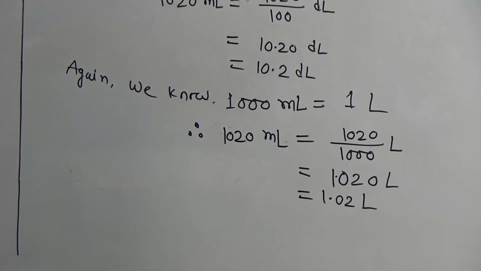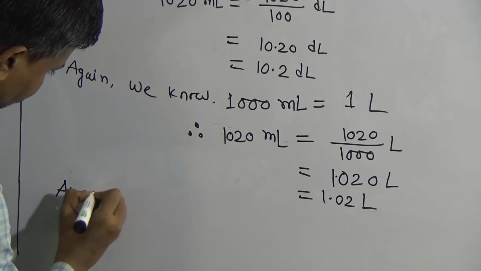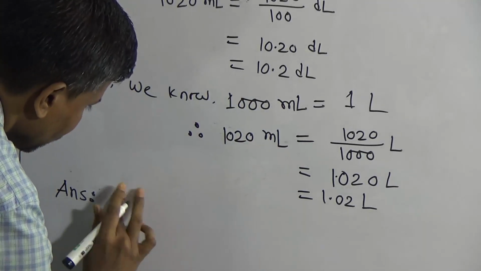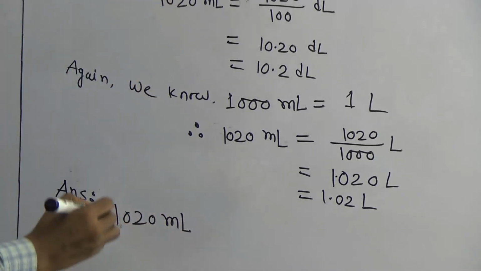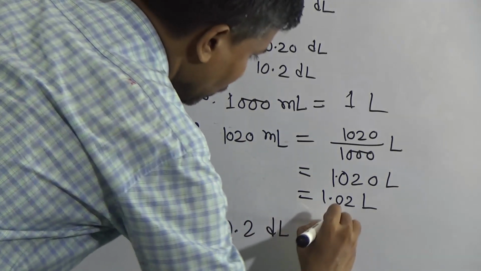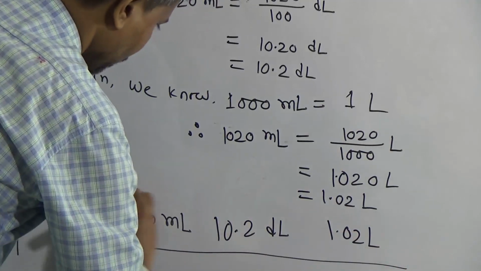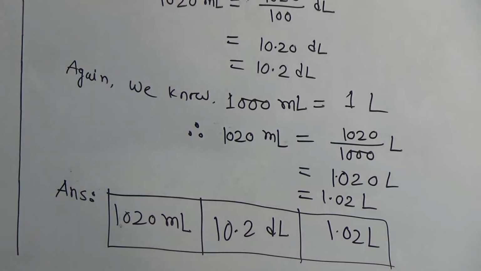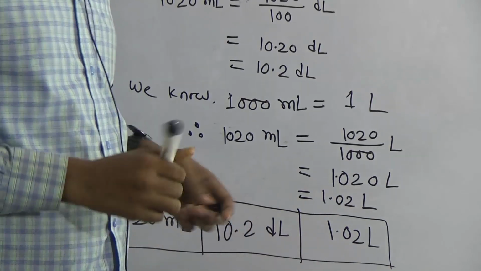Now, according to the question, you have to write the answer. 1020 milliliter, then 10.2 deciliter, 1.02 liter. 1020 milliliter, 10.2 deciliter and 1.02 liter.